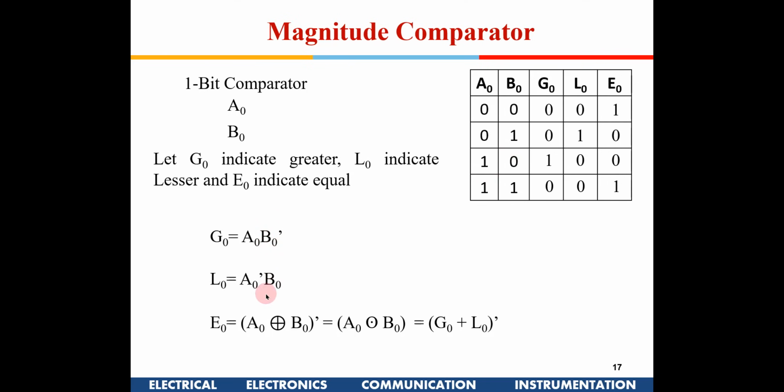And now equal is an exclusive NOR. Or you can take the OR of G0 and L0 and invert it. That means it is not greater than and not less than. Since you are already generating these two signals, you can use them to generate the equality.